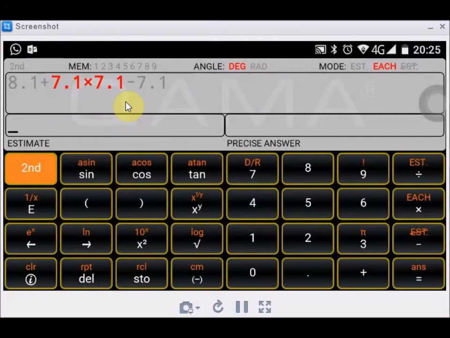7.1 times 7.1, well, 49 should be quite a good estimate for that. Now we've got 50.41 plus 8.1, so that's going to be 58.5, say. Okay, and finally that's going to be, say, 51.4.